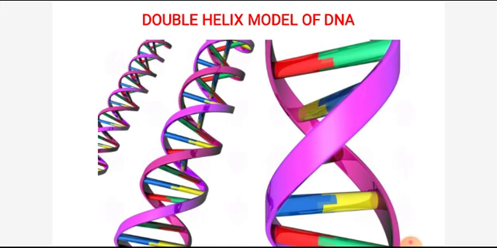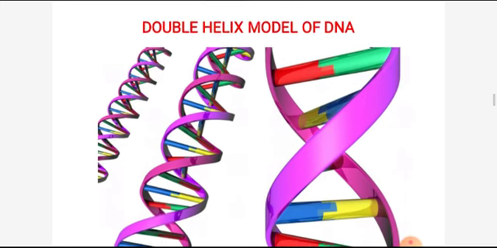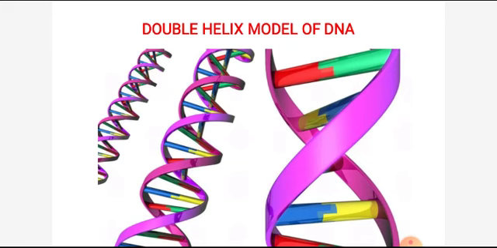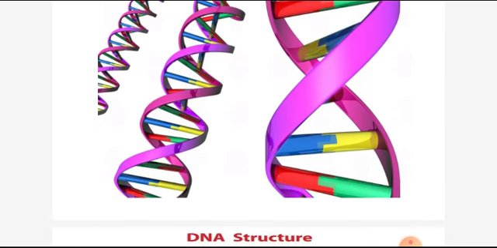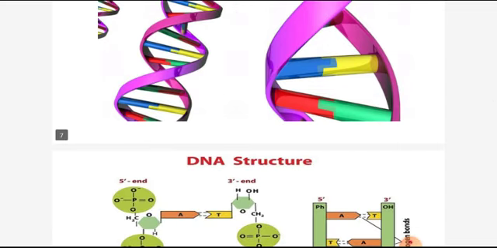These two strands are wound around each other like a spiral staircase. The backbone of the helix is formed of sugar and phosphate group. Nitrogen bases form the steps of the helix.